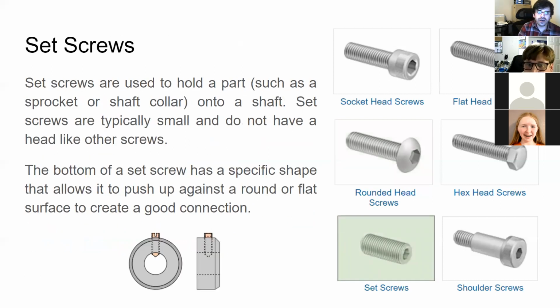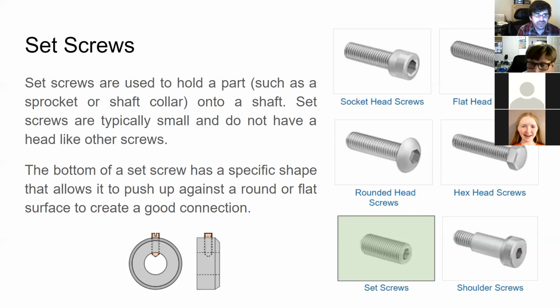Set screws. Set screws are basically headless. The hex or whatever drive style they have is within the diameter of the screw itself. Where we see these are on shaft collars a lot, or sometimes in gearboxes.